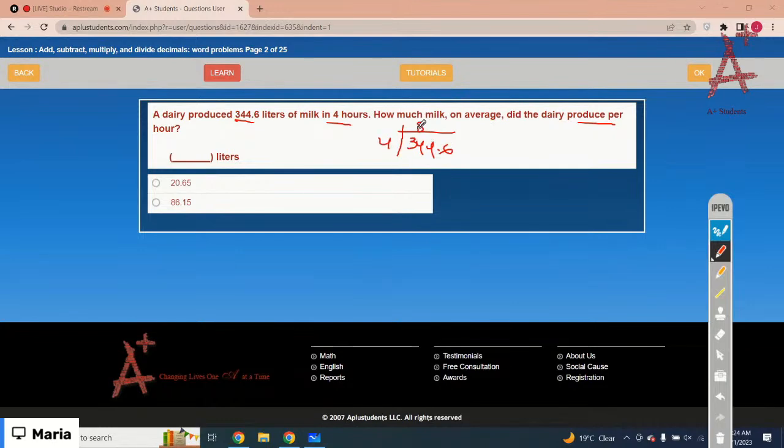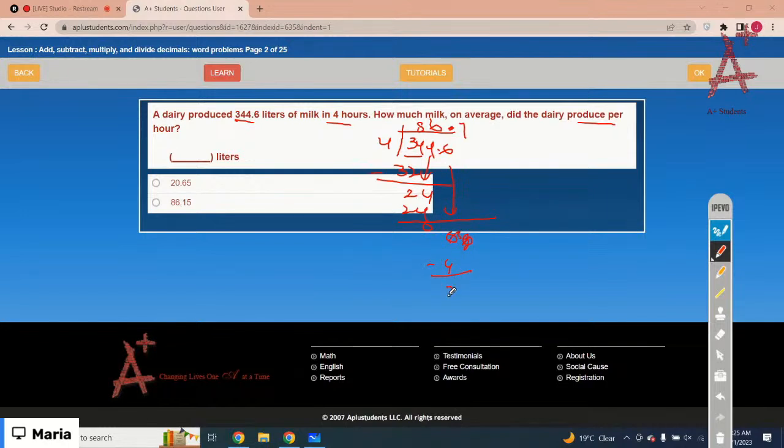So it is 4 times 8 is 32. Now bring the next digit down, 3 times. 4 times 6 is 24. Now bring the next digit down. Just put a decimal point over here. 4 times 1 is 4.